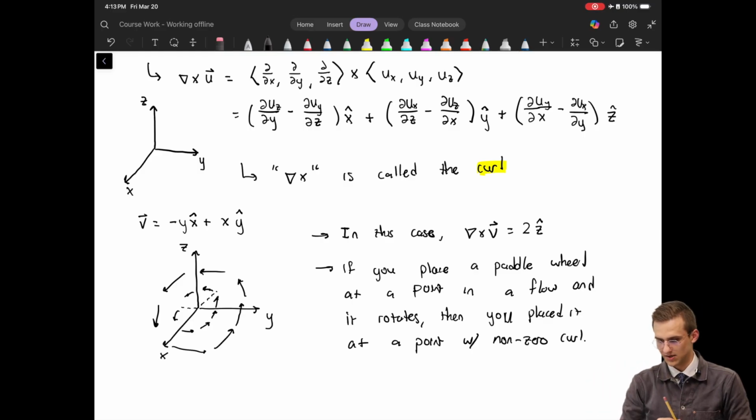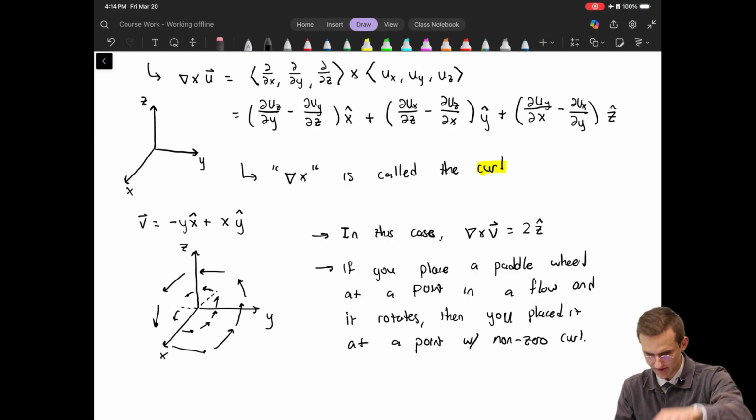I literally can't draw a paddle wheel, but it's like this: if this pencil had little fins on it and you placed it in the middle of a whirlpool, it would twist. Okay, so that's what we mean by curl.